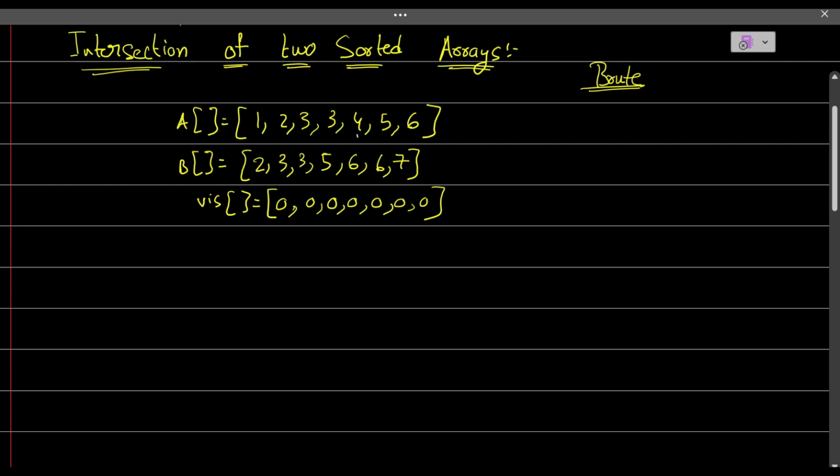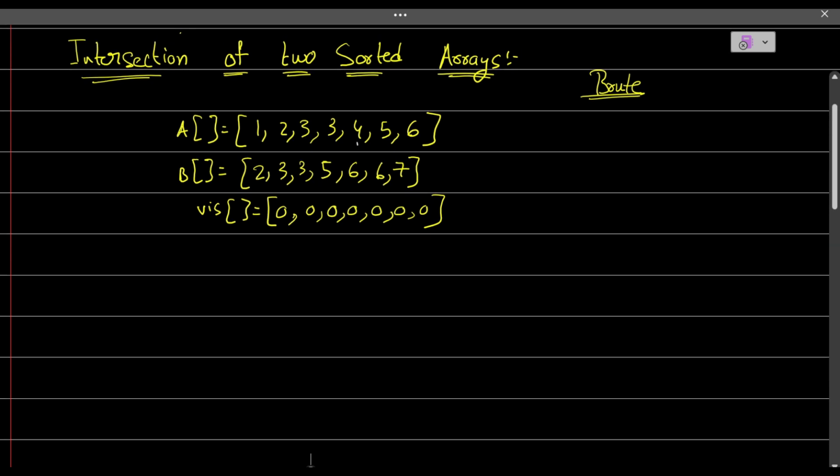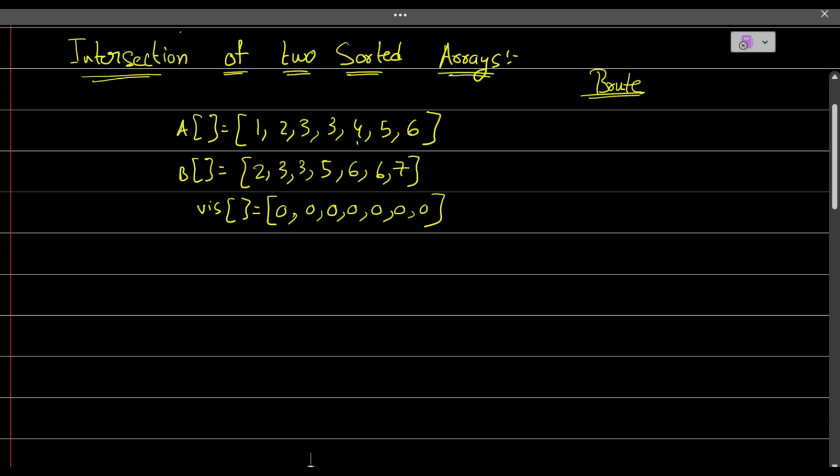If I take 2, then I'll mark it as 1. If I take this 3, then I'll mark it as 1. In this way, if the element is used, then visited is marked as 1.